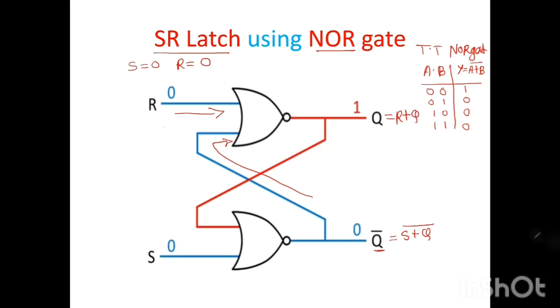As this is a NOR gate, complement of this: R is equal to 0 plus Q bar, and the double complement is nothing but your Q. And here Q bar is (S plus Q) complement.